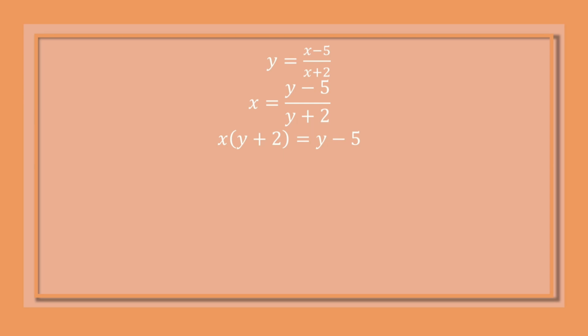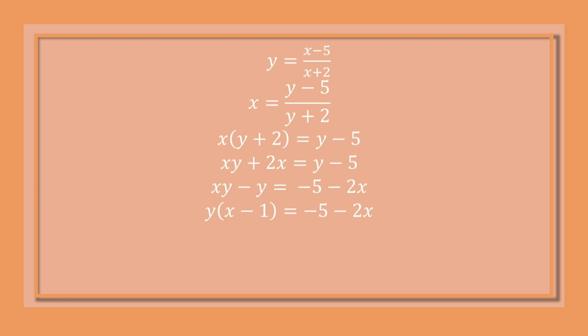Then we distribute x. We have xy plus 2x is equal to y minus 5. Then transpose y so that all of the terms with the variable y will be on the left side and the rest of the expressions on the other side. Then factor out y.